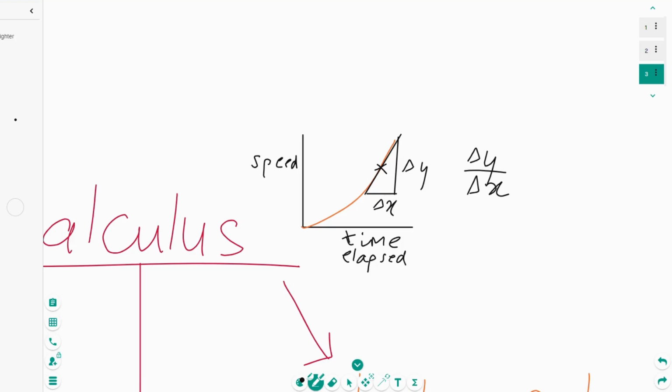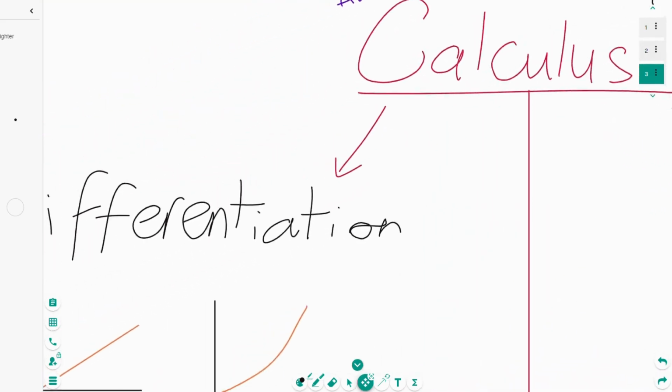But if we need to find the gradient where we're not asked to graph it, how would we find it if we're just given the speed and the time? Well, that's where differentiation comes in.